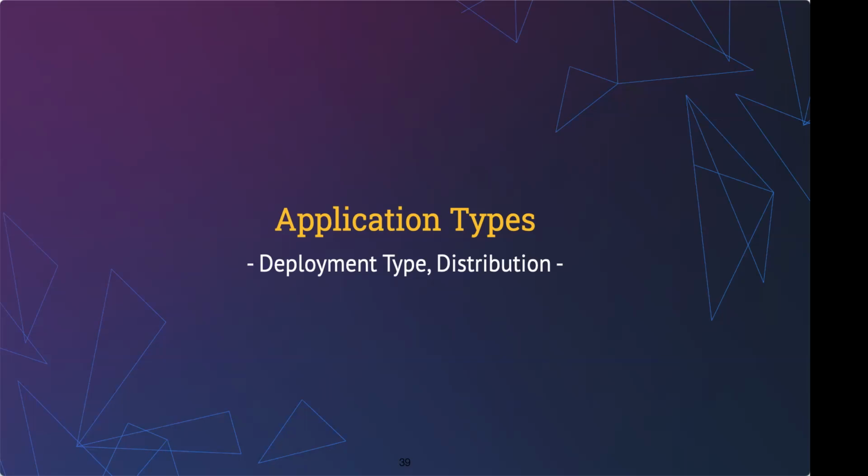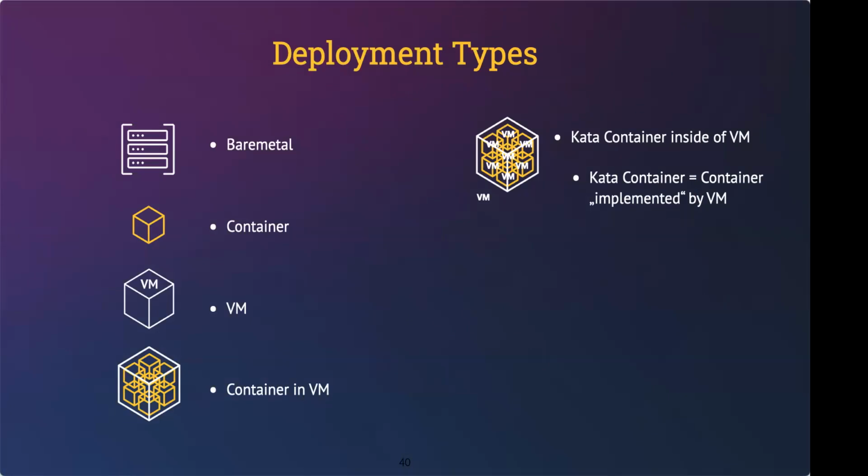And typically what we do is we have different application types and deployment types. These days, if you have embedded domain, you might be on bare metal, but my expectation is you go also in the embedded domain more and more towards container deployment. You might even have VMs. In the cloud, we have containers inside of VMs.